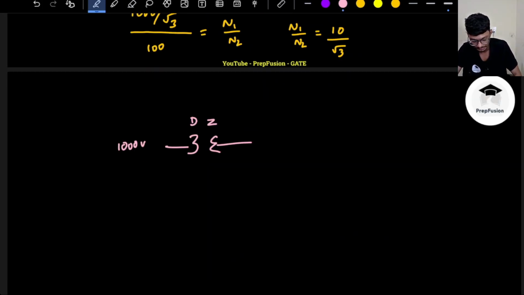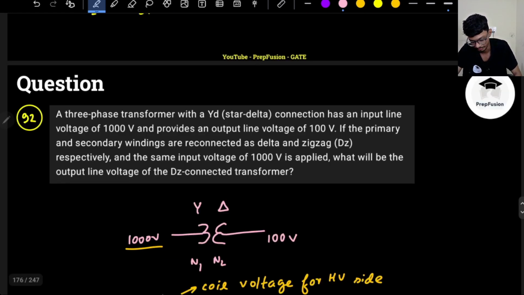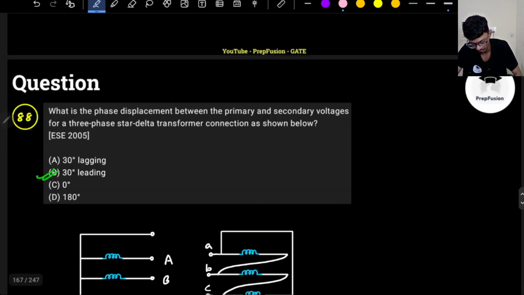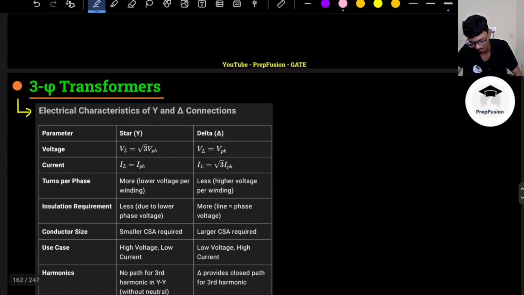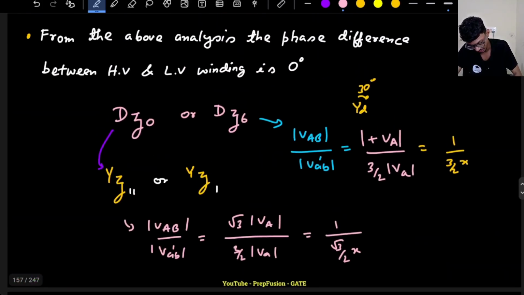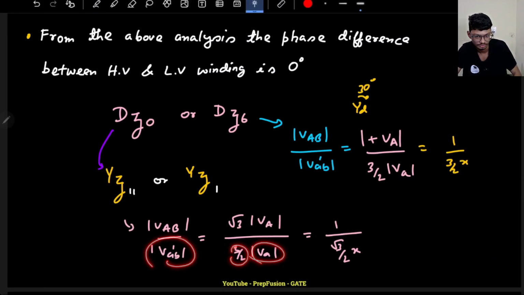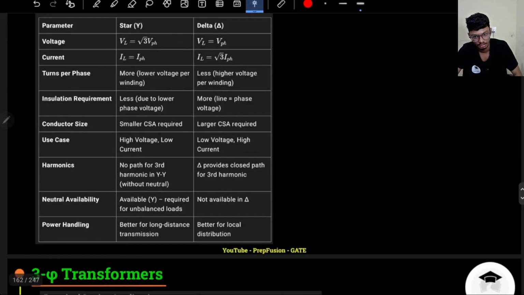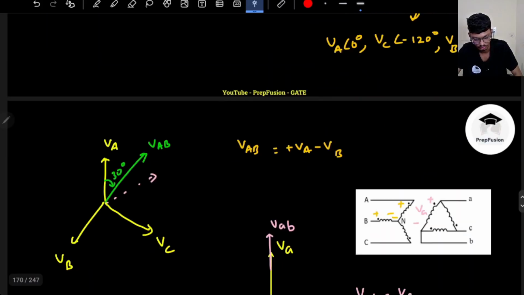If you remember, the line voltage in zigzag was actually 3 by 2 times the phase voltage. You can remember this formula, because how many things will you derive? This derivation is a bit lengthy. We derived it here, where it was 3 by 2 of the phase voltage. So that is what we will use right here.